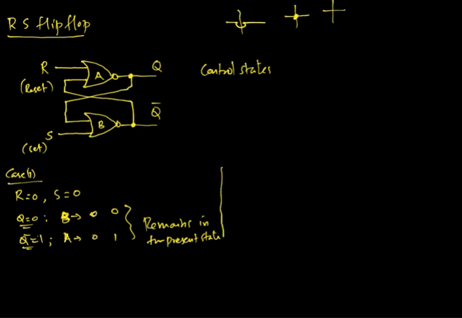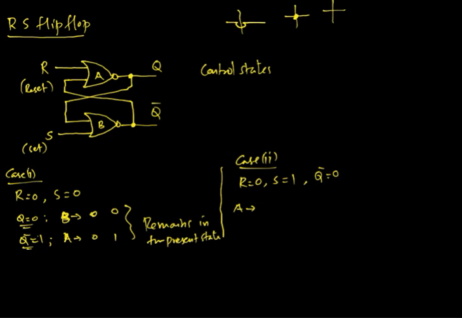Now consider the second case, when R is equal to 0 and S is equal to 1. Suppose we are considering the output Q bar is equal to 0. When Q bar is equal to 0, for NOR gate A, the inputs are R and Q bar.